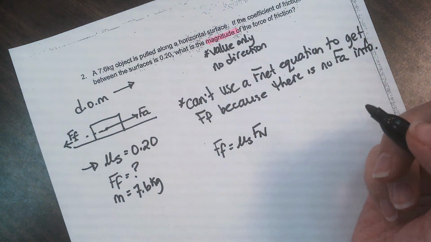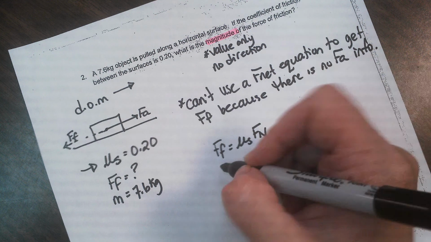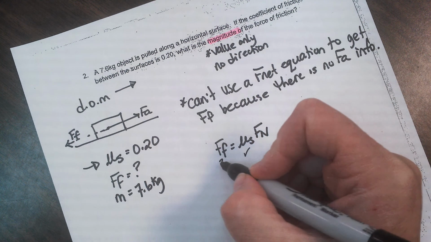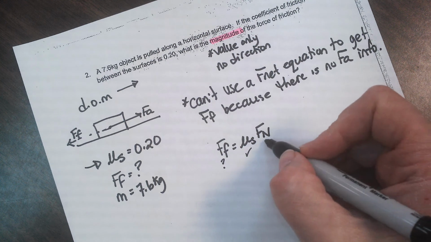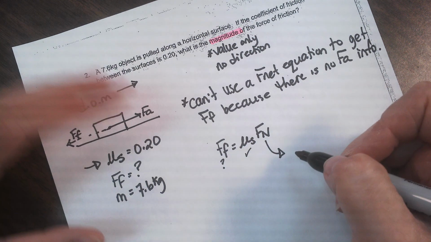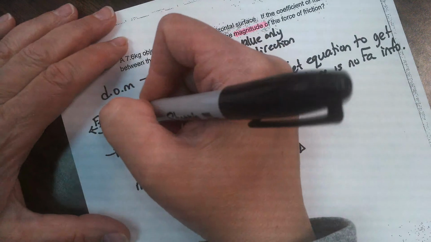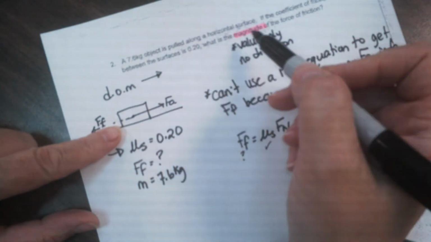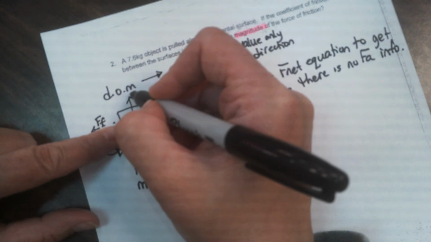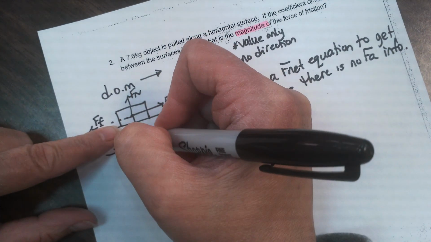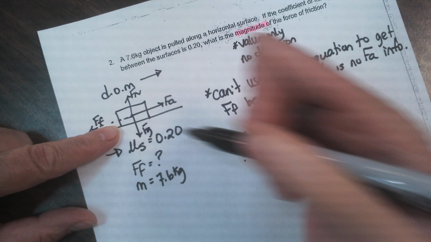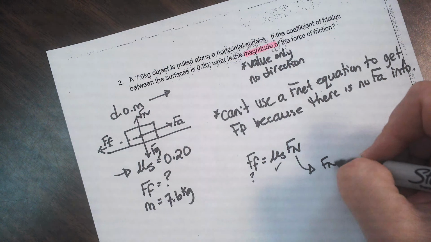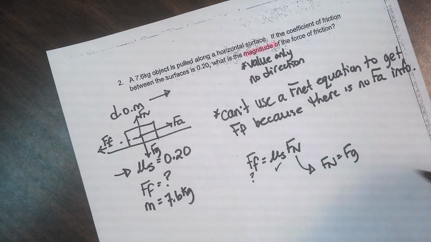Now, it's asking us to find this. Do we have the mu? Yes, we do. Do we have force normal? Nope. We also didn't complete our free body diagram. And so what we know about this object is that this box is neither levitating nor going through the ground, which means that force of normal must be equal to force of gravity.